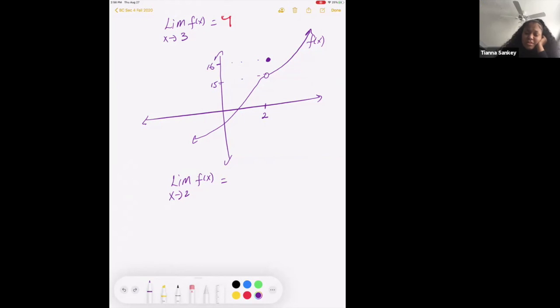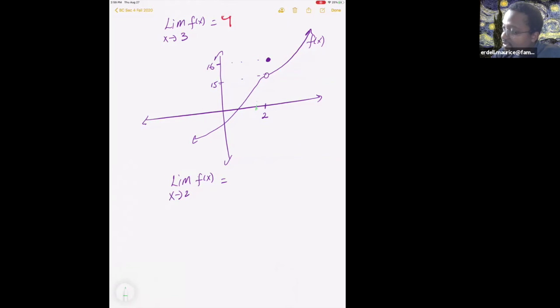Can you just show what the answer is already? So I have to take numbers that are close to 2. If I take a number right here, I plug it in, I come across here, I'm getting close to this one. I take another number, plug it in, I'm getting closer to 15. I take a number, plug it in, I go across, I'm getting close to 15. Yes?